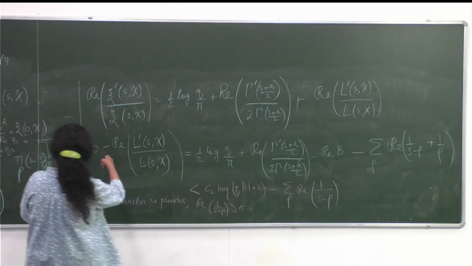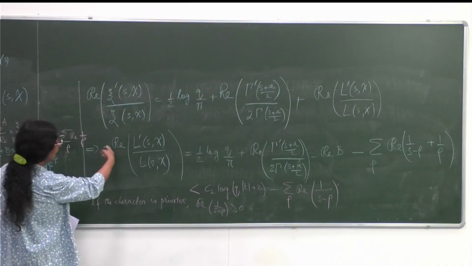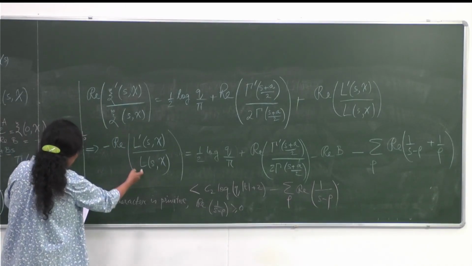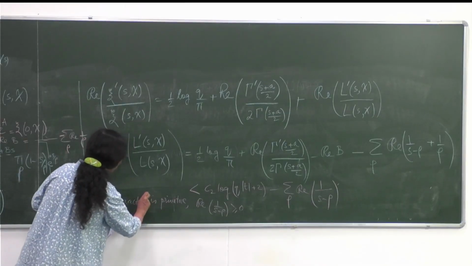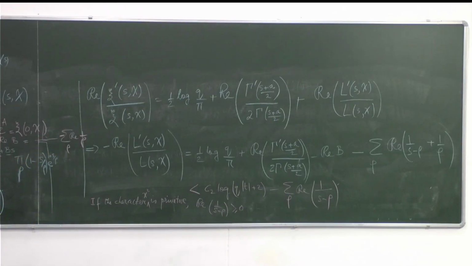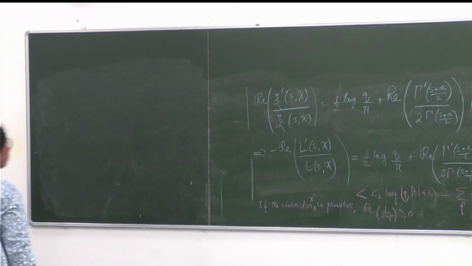That means that I get minus real part of L prime by L. If the character chi square is primitive, then minus L prime by L will be less than. So 2 possibilities exist.